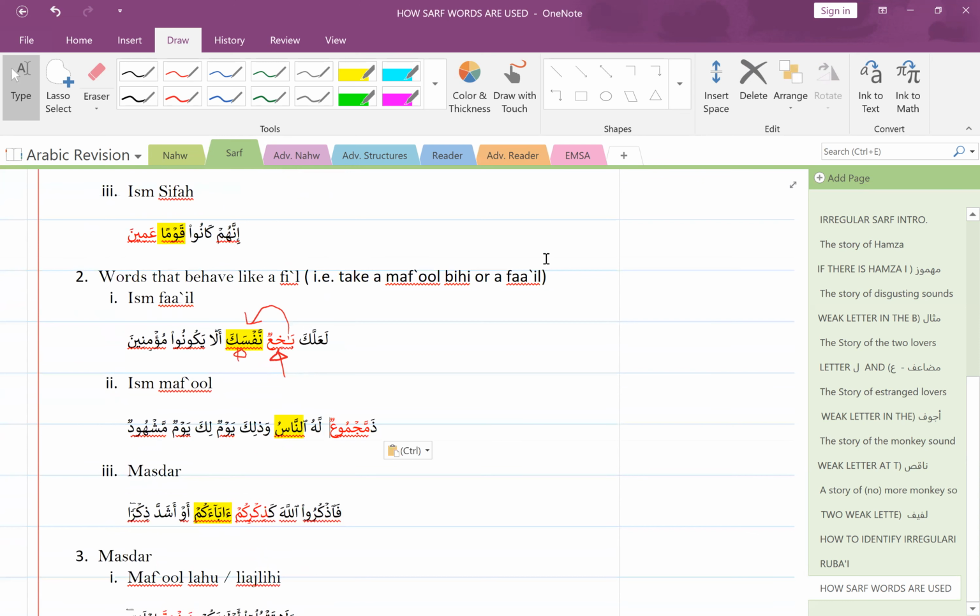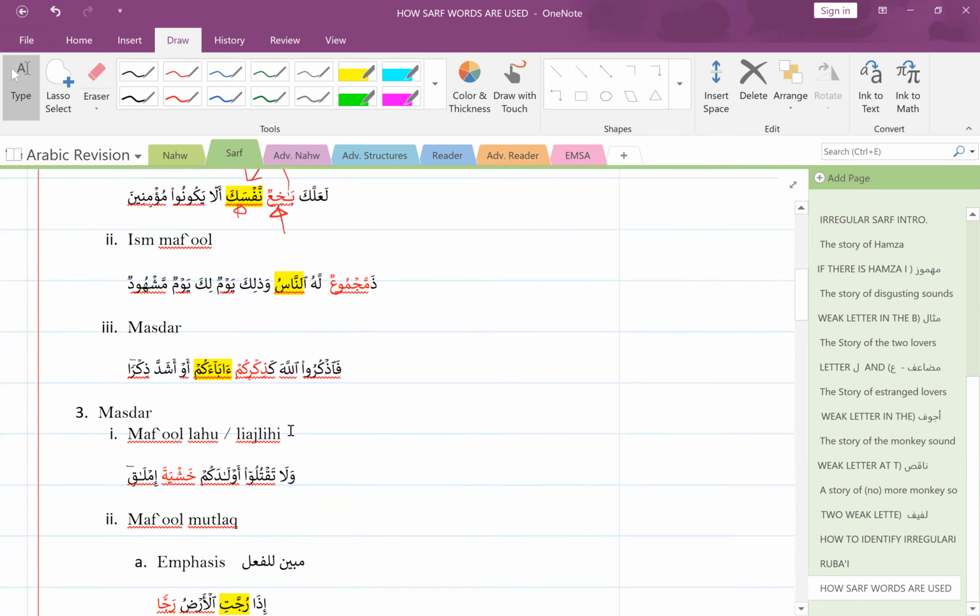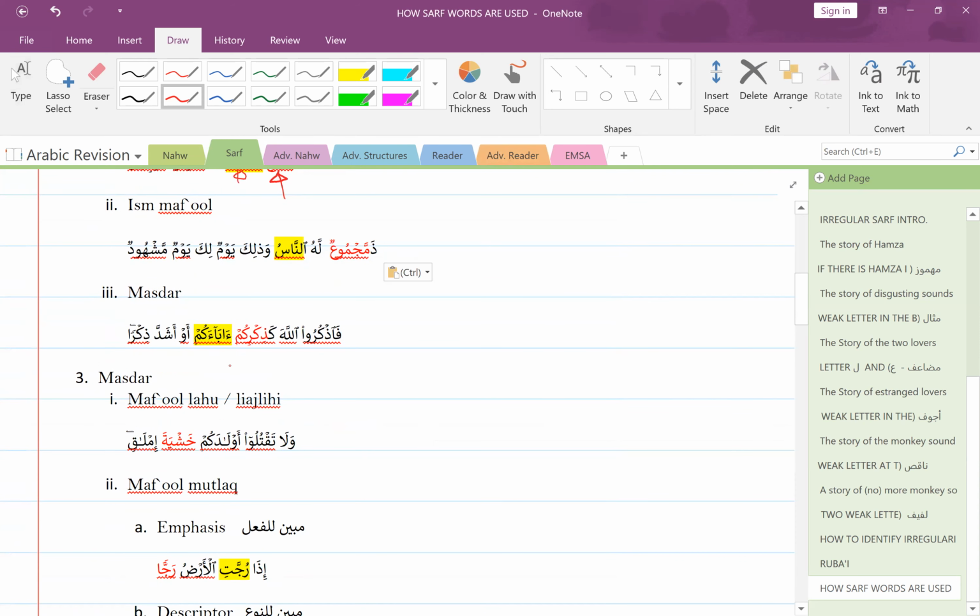Yes, Saima. Can you please explain how the masdar is acting as a verb? Okay. So you have dhikr. Dhikr is a masdar, right? So in this case, dhikrikum, your remembrance, آباءكم. You ask yourself, okay, what's happening? First of all, this is an ism that's coming after it, and it's nasab. What is making it nasab?